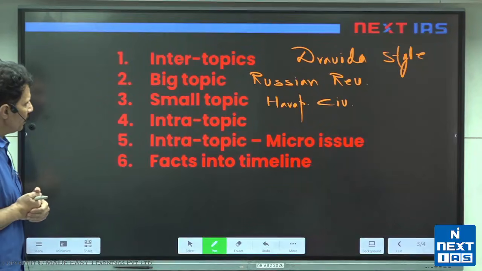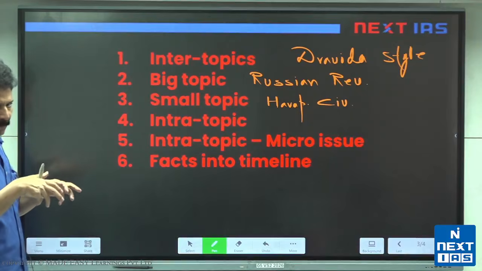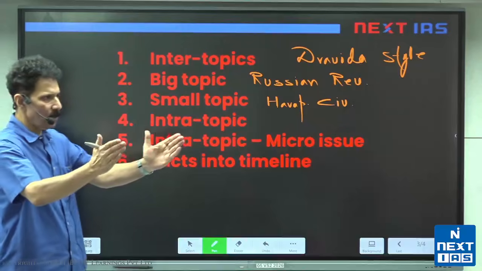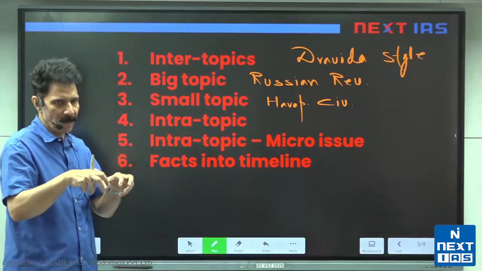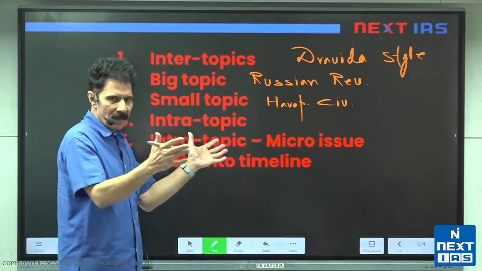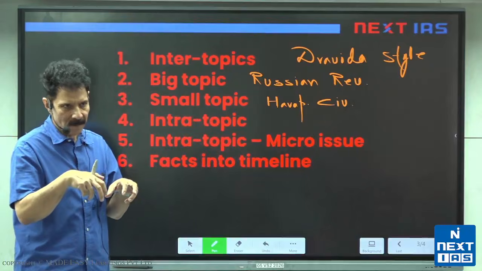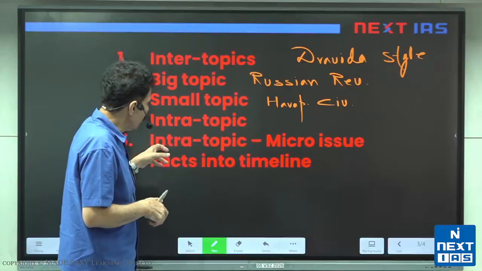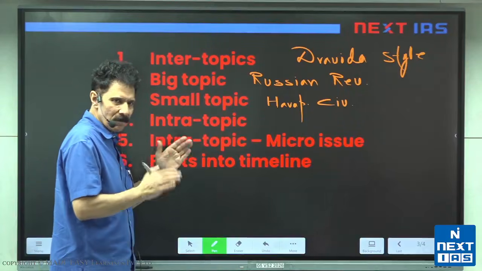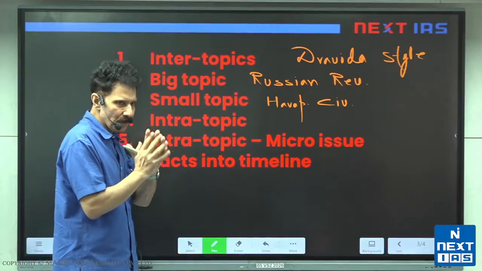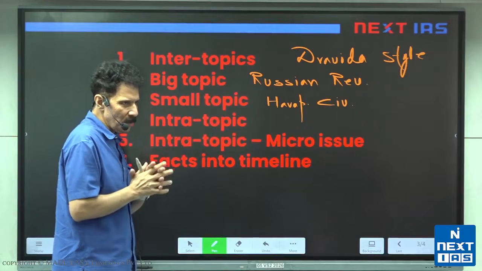Right? Within a topic. I mean one topic within a topic. One big topic within that. And fifth one is different. This is also intra-topic but very small issue, micro issue. I want to distinguish between them.